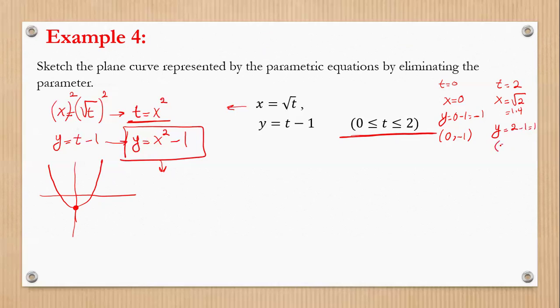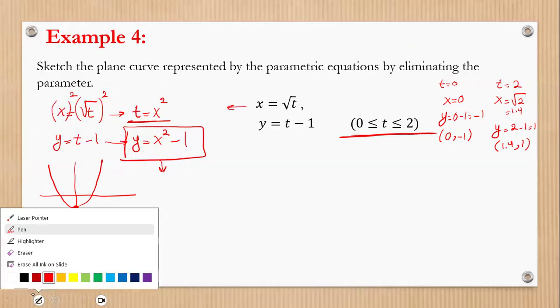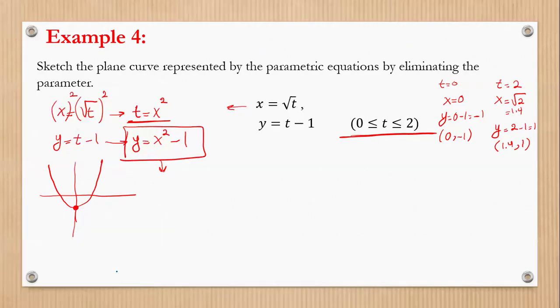And the answer is 1.4, or root 2, and 1. Which means that I only need the part of this graph which is from (0, -1) to (1.4, 1). Something over, because this is 1, if this is 2, that's 1.4. So I only need this part of the graph.